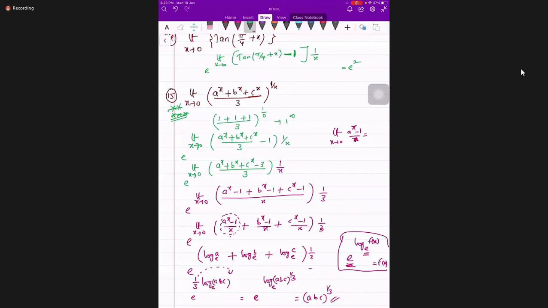Very important procedure, and here breaking the function from here to here. Then this formula.